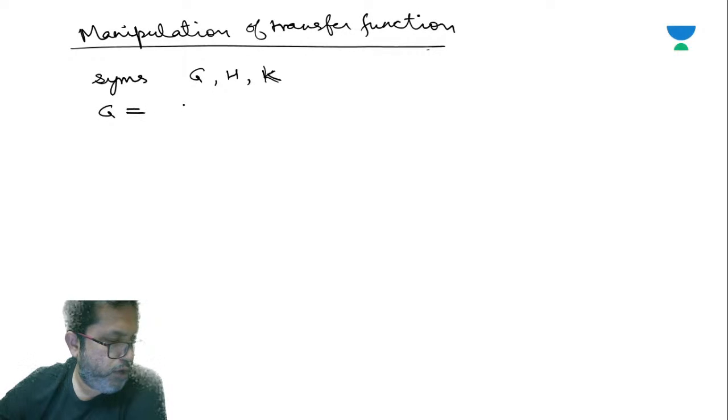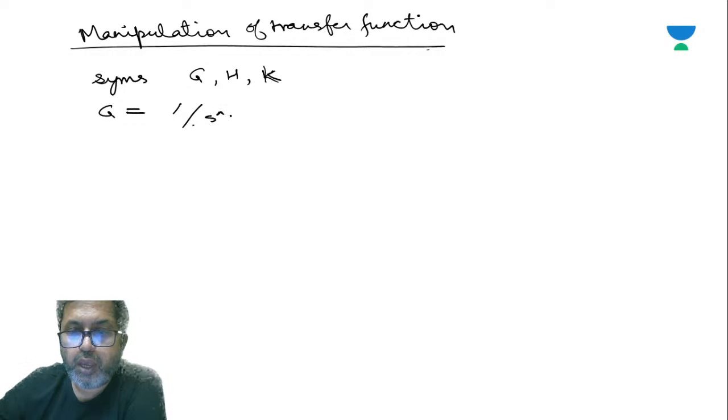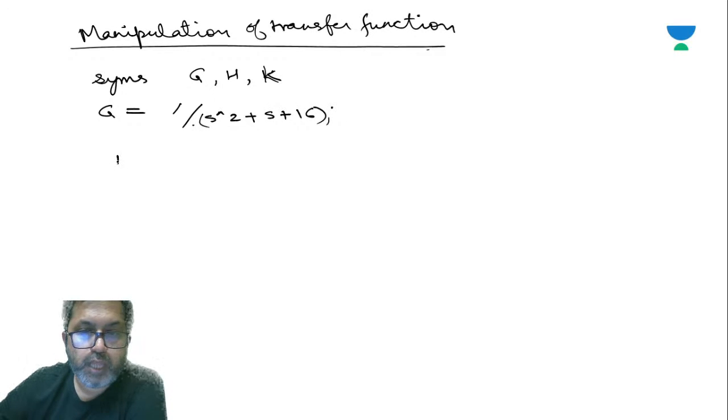G is equal to 1 by s square plus s plus 16. H is equal to K into s plus.